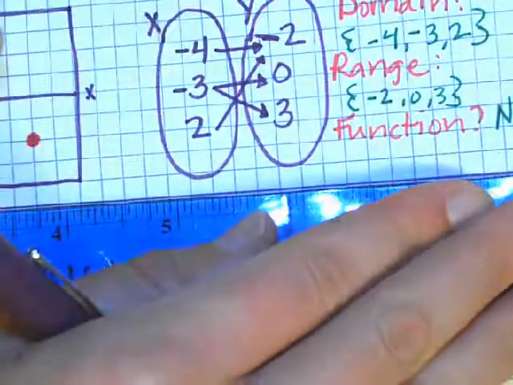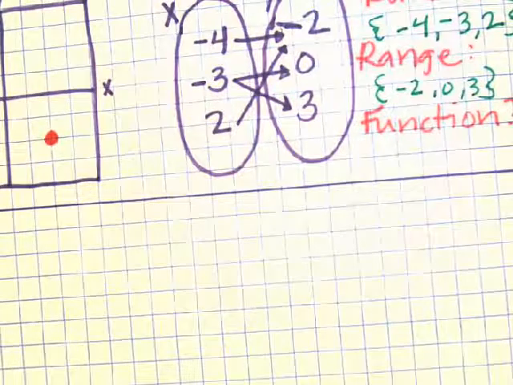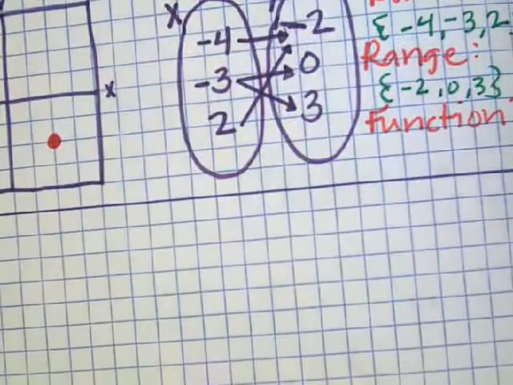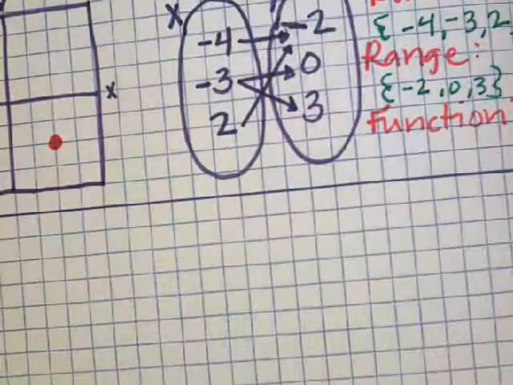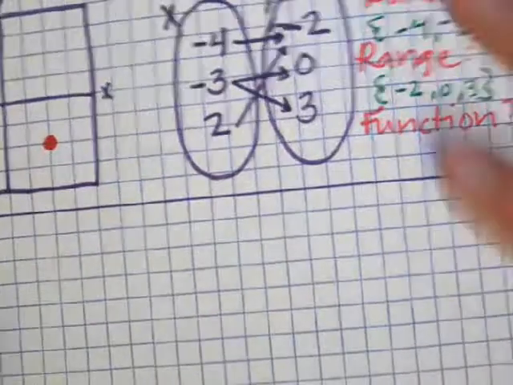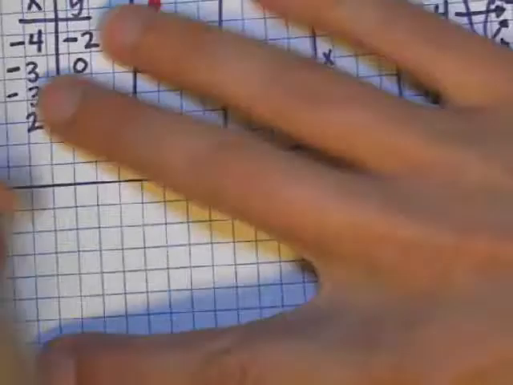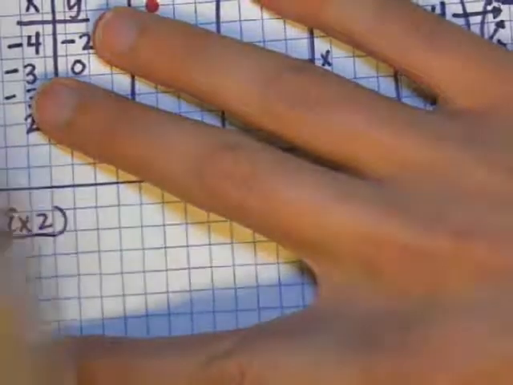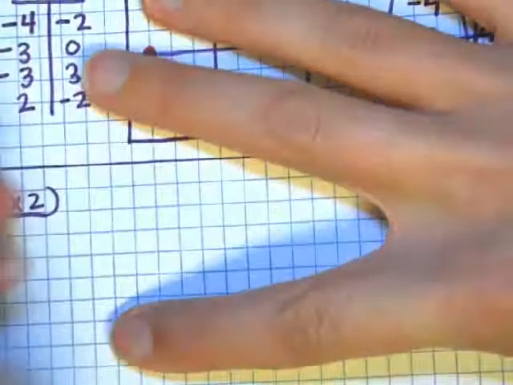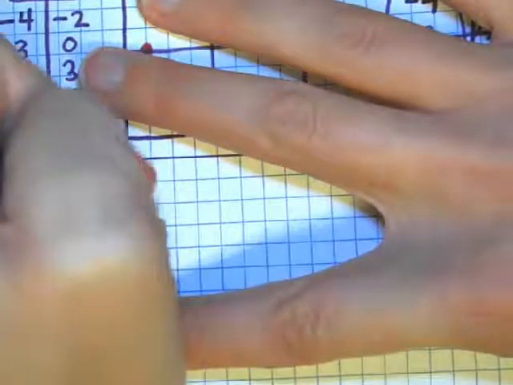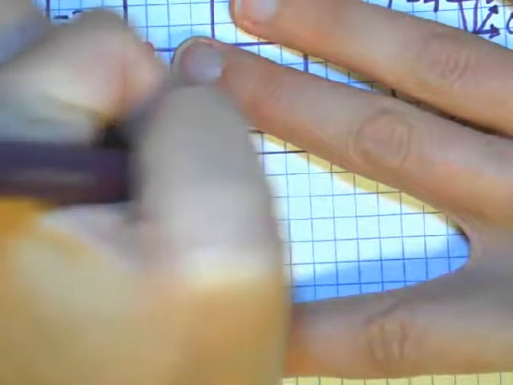Okay, example 1, I gave you a table to start with. Example 2, I'm going to give you coordinates. Okay, so here we go. Example 2. Given coordinates. Coordinates are just ordered pairs.